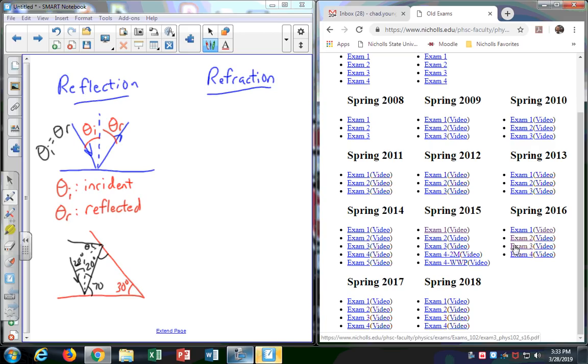Triangles have what? 180 degrees. That's 80 degrees, because it's 180 minus 70 plus 30. 80 degrees. And so this angle right here, that little bitty angle, is going to be 90 minus 80, which is 10 degrees. And so this last angle is 10 degrees.